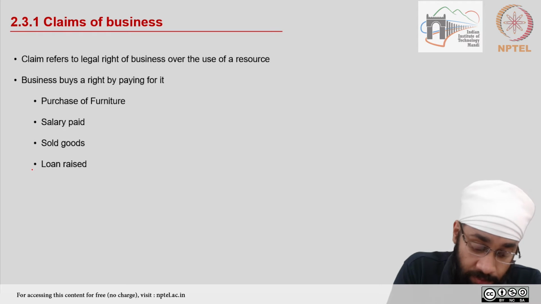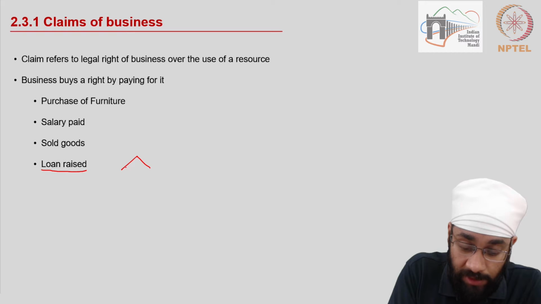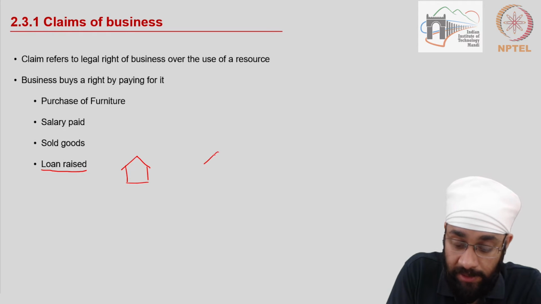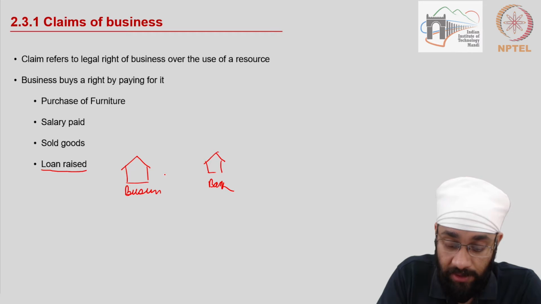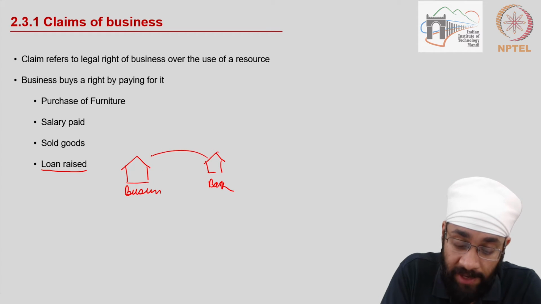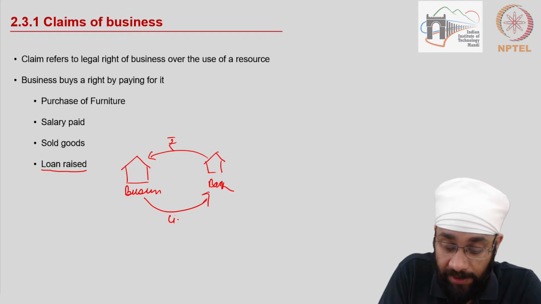Loan raised. Okay, when a loan is being raised, what is happening? So again, this is a business, this is a bank. Let's say bank and business. So when the business is raising a loan from the bank, the bank gives money and the business now has a liability.